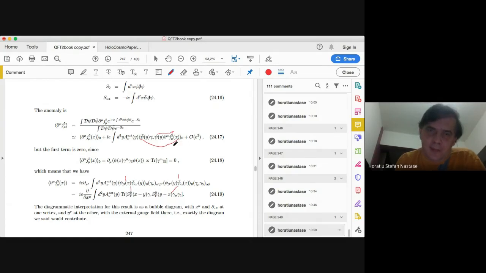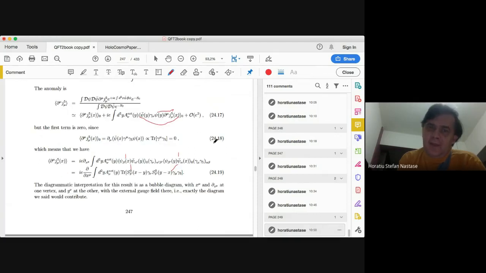What will happen in 4 dimensions is that this integral is 0. The whole thing is 0 once you calculate it, and then you have to go to E squared, and in E squared, the only thing that is non-zero, finite, is the one loop integral part, right, with 2 external fields.